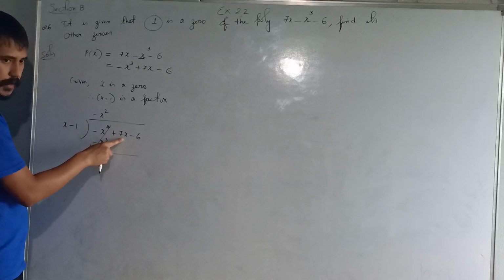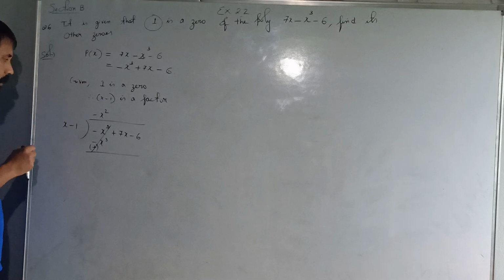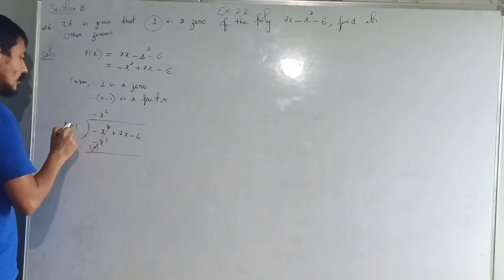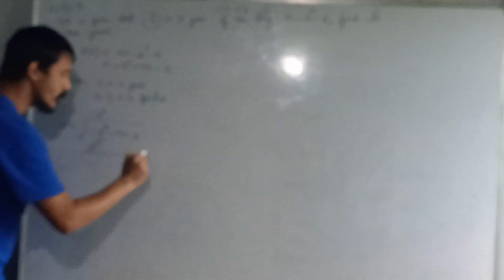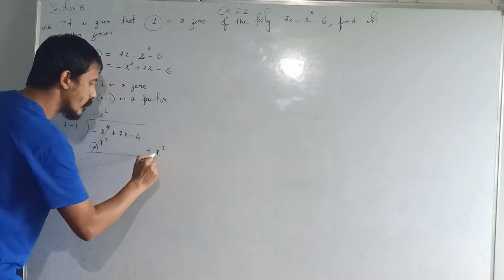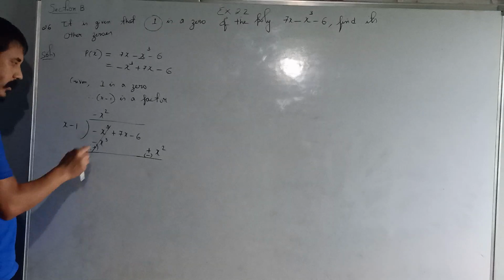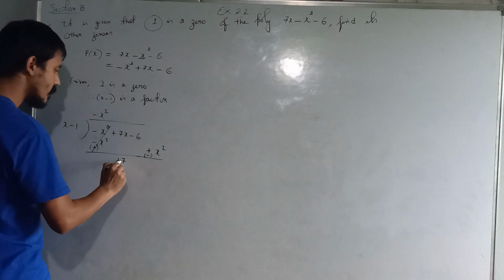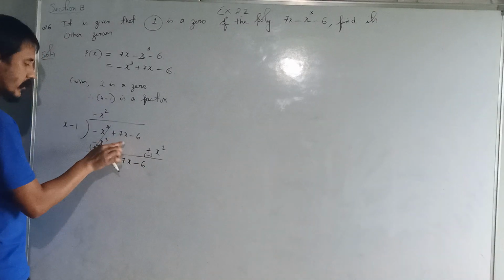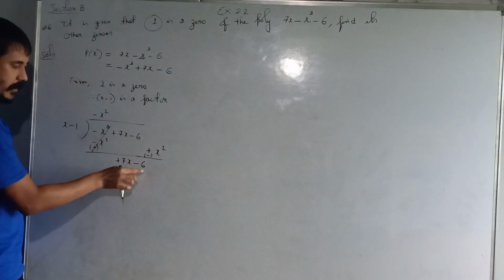This is not a term containing x squared, so we write minus into minus plus 1 into x squared, plus x squared. Change the sign, and then we write down the remaining terms. This 7x is positive, this 6 is negative.